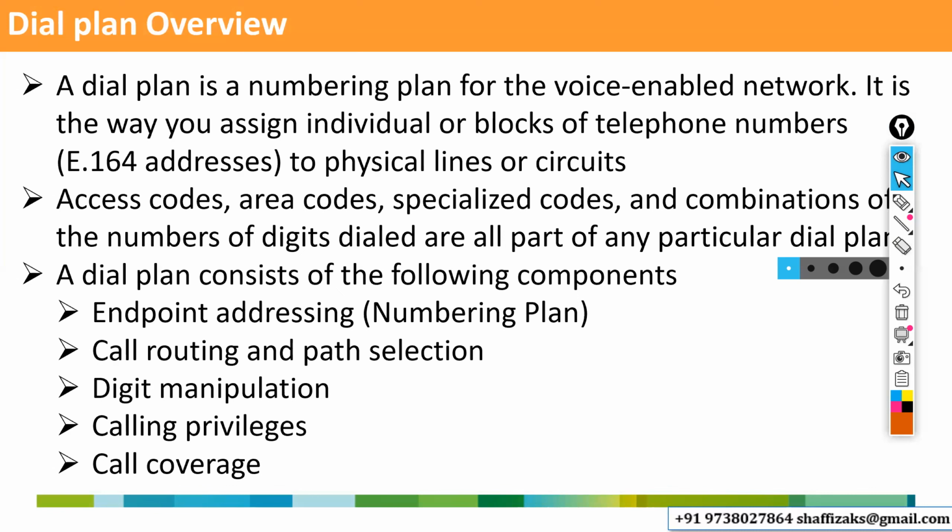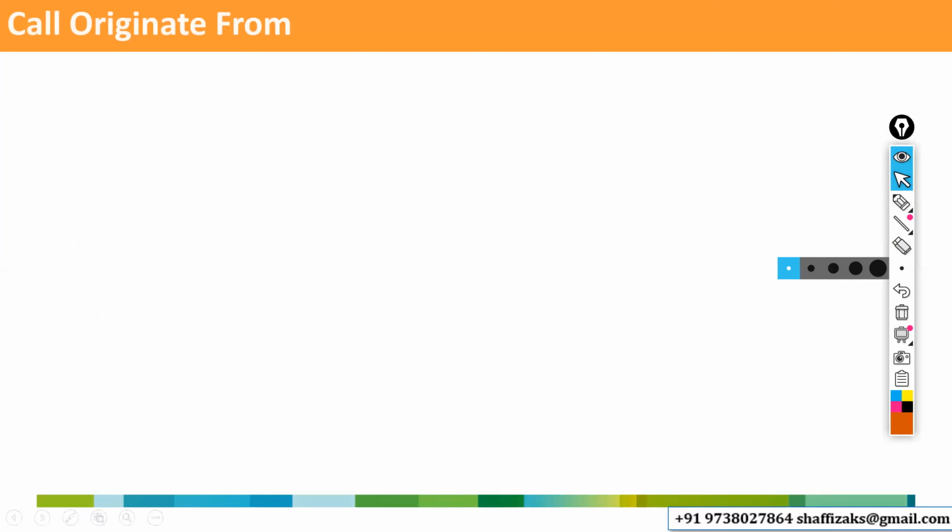For call coverage and hunt pilot, there is a separate class where I'll cover what a hunt pilot is, how it works, and how we configure it. So that's about the dial plan. Dial plan means just a number; we require a number to dial, and when dialing, different access codes are also configured as per the requirement.